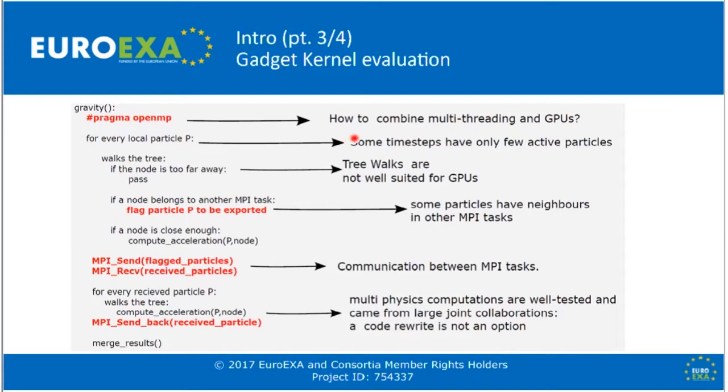And so if you have only a loop over 10 particles, this loop may not perform very well on a GPU, who knows? And the tree walks are not well known to suit on GPUs. And then you have blocking operations, both OpenMP operations in the GPU version and MPI operations.